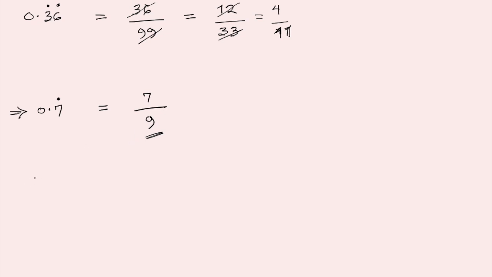What if we have an example such as 4.327 repeating? Now in this case, what this means is 4 plus 0.327 repeating.